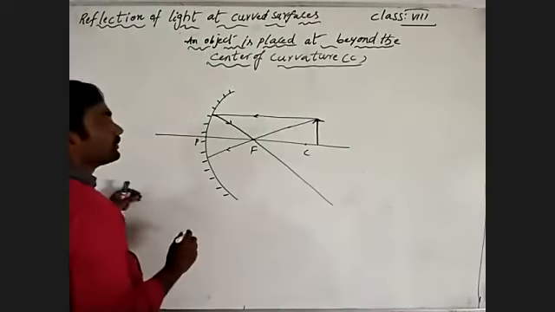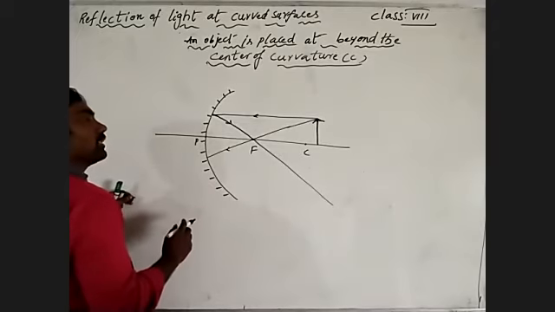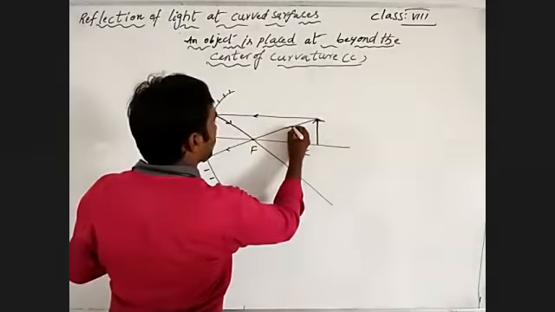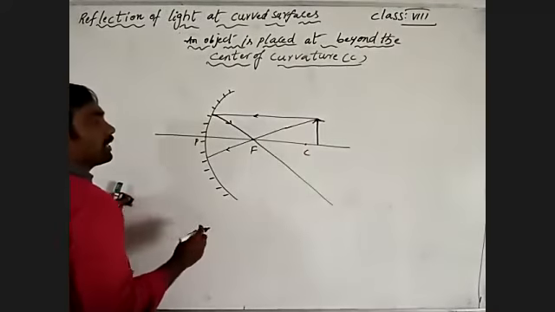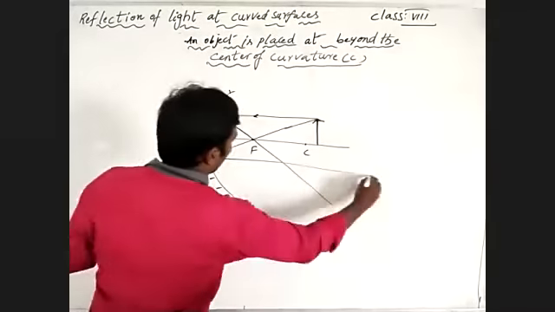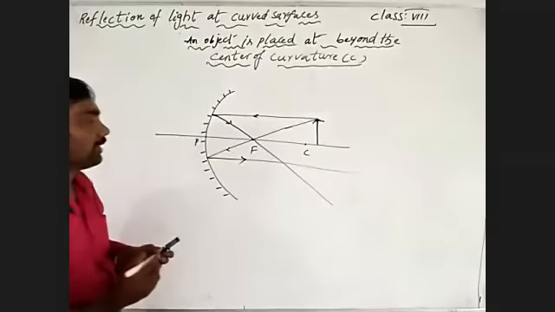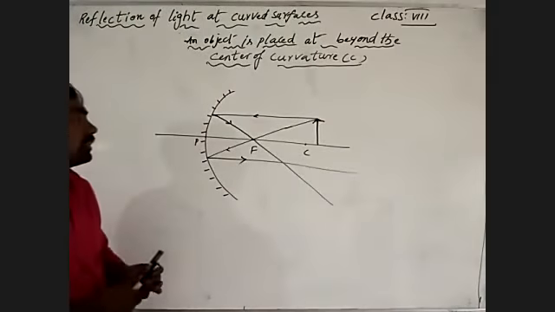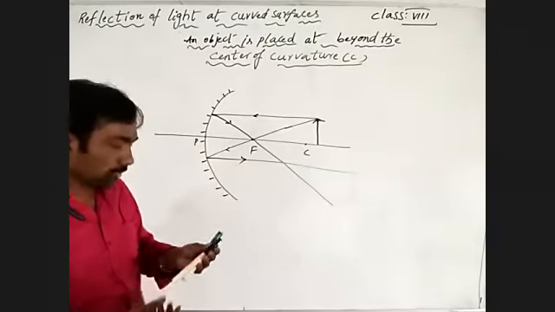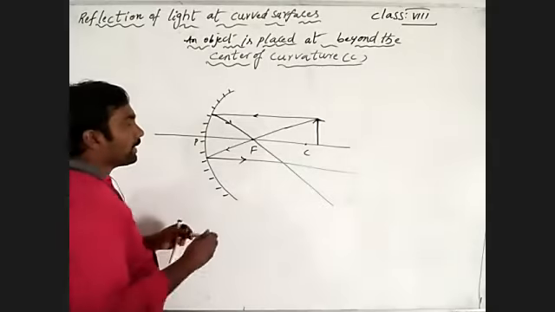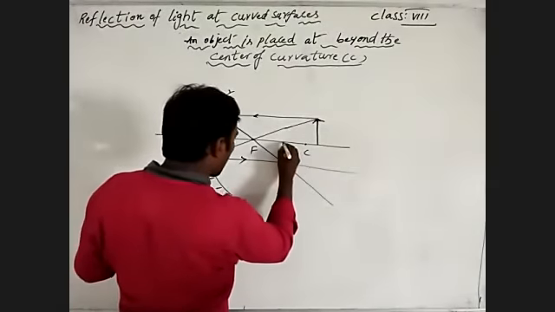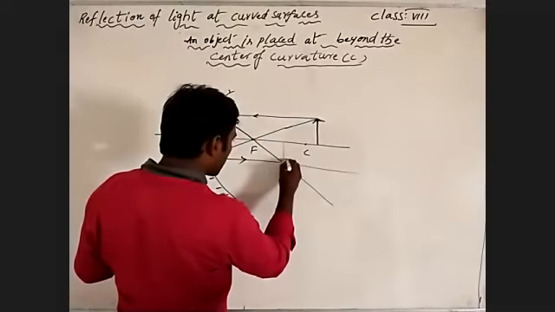The light ray which travels through the focus, what happens? It takes reflection parallel to the principal axis. Where the image is formed means the intersection of the reflected light rays.